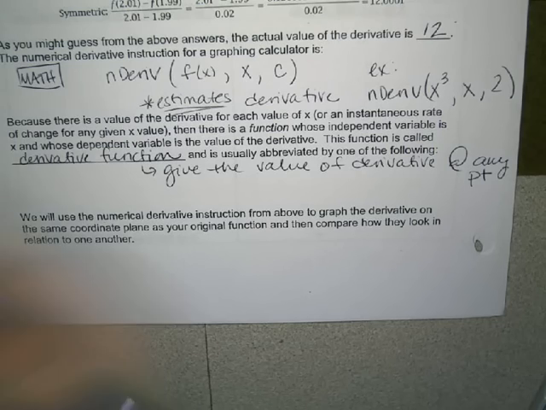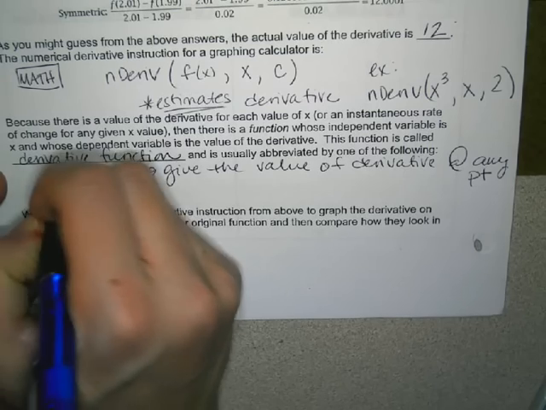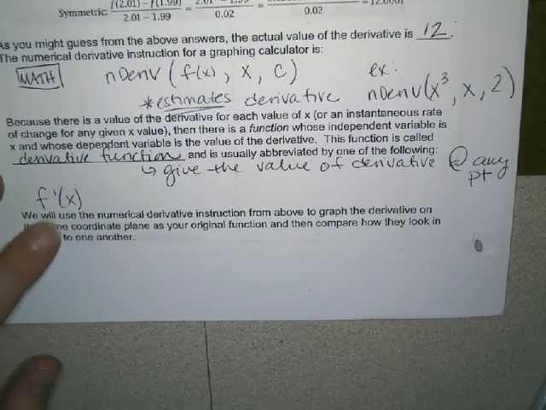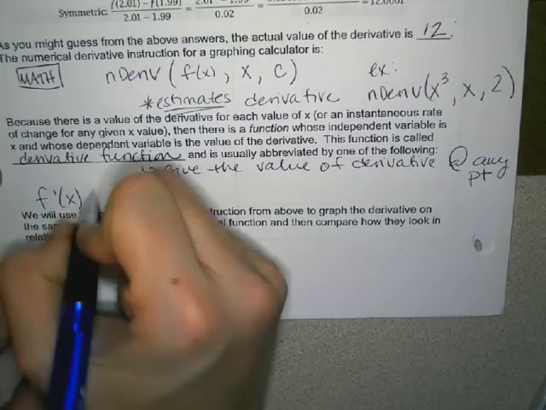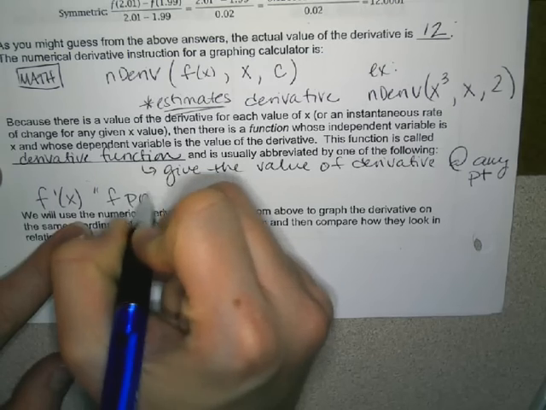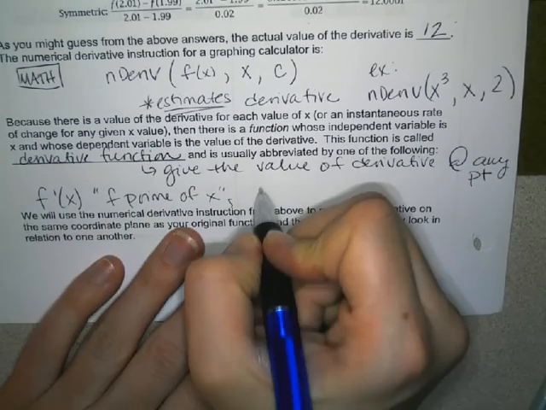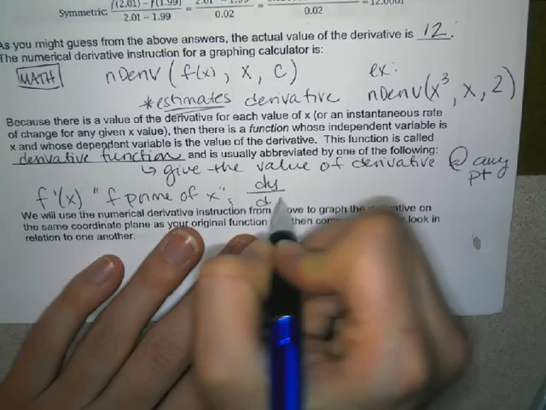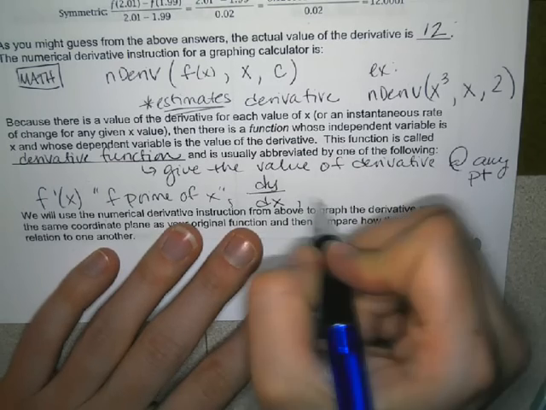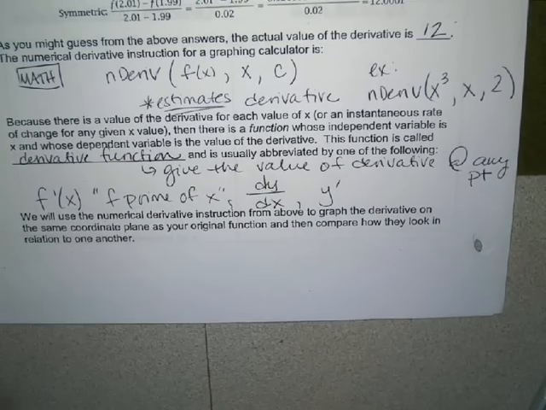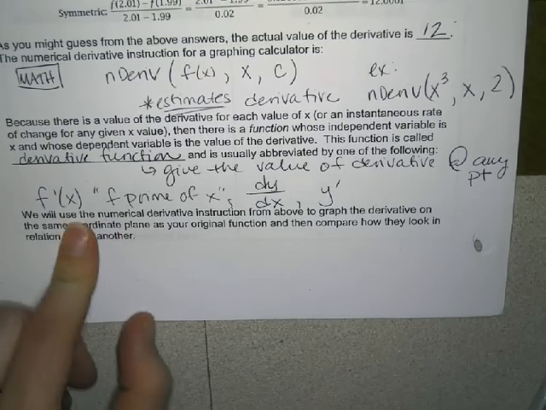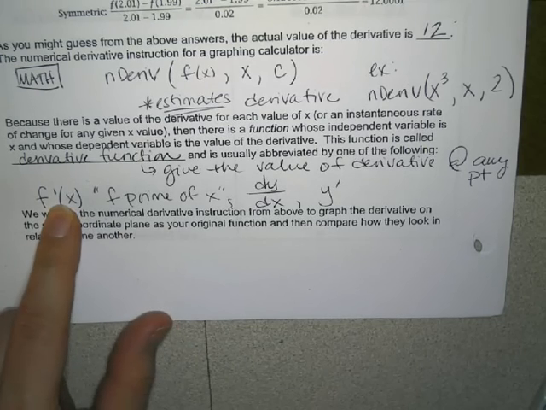So let's talk about the labels. You'll see it as f prime of x. That's how you would read that, f prime of x. You'll see it in what's called Leibniz notation, which is dy over dx. You'll see it as y prime. So whenever you see f prime of x, that's referring to a function that is the derivative.